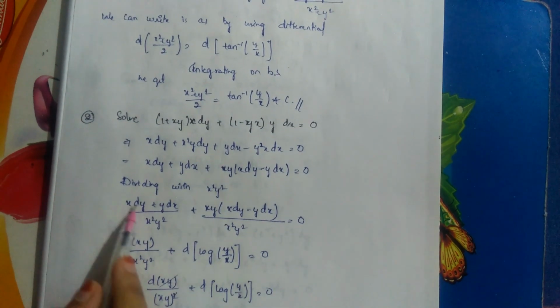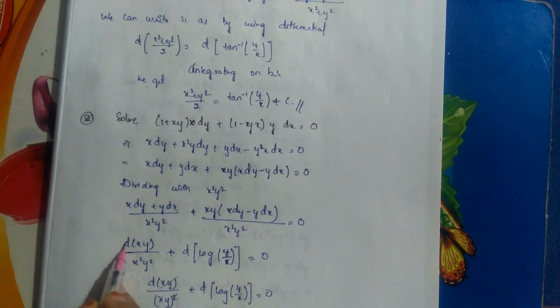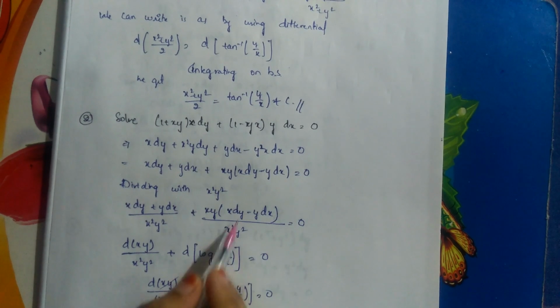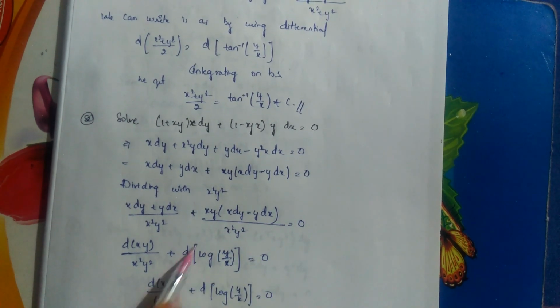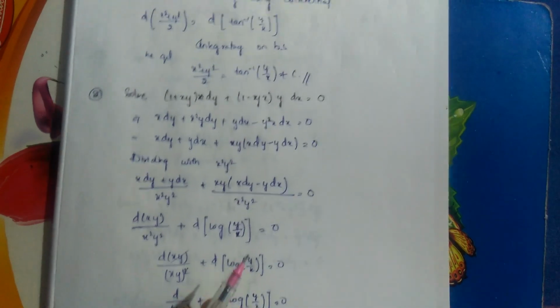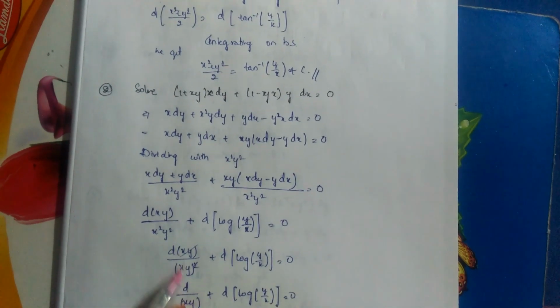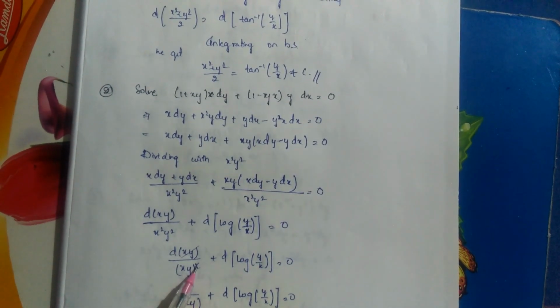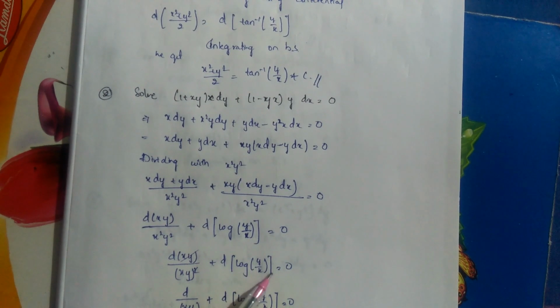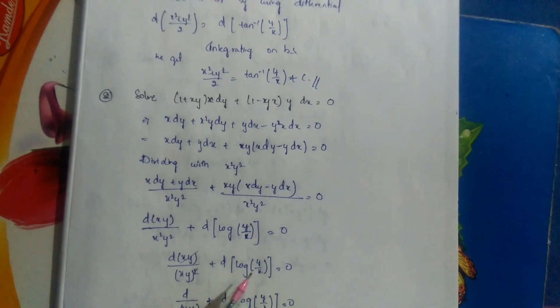So here x dy plus y dx is d of xy, divided by x square y square, plus we have the formula for this, which is equal to d of log of y by x, and that equals 0. Here x square y square we can write as xy whole square, and one xy gets cancelled. Plus d of log of y by x is equal to 0.